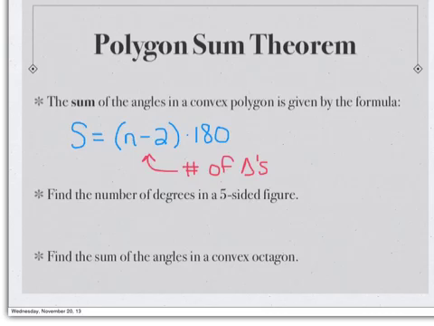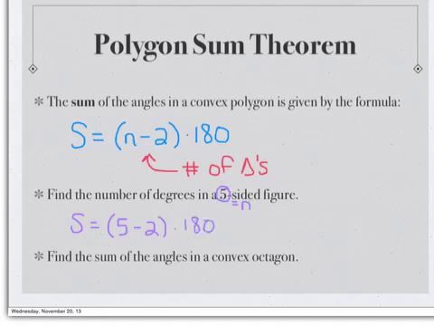Find the number of degrees in a 5-sided figure. So I want the sum of all of the angles in any 5-sided figure. Well, to do that, 5 is going to be my n, because that's the number of sides. So I would do 5 minus 2 times 180.